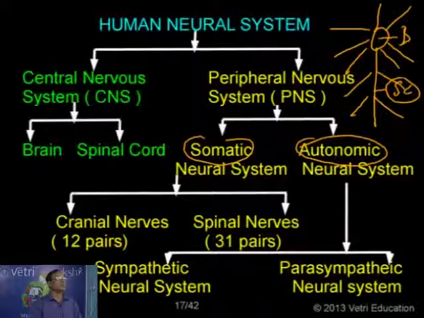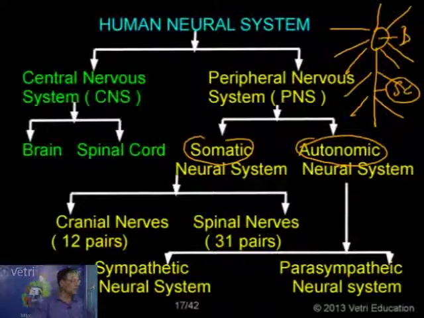This is what is known as antagonistic activity. Even among muscles, you see biceps and triceps. These two muscles work in an opposite manner: one for flexing the arm, another one for extending the arm. These are pairs of organs doing their activities in an opposite manner. That is called antagonistic activity.